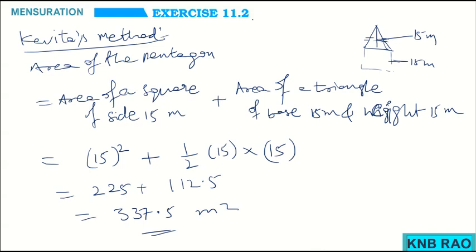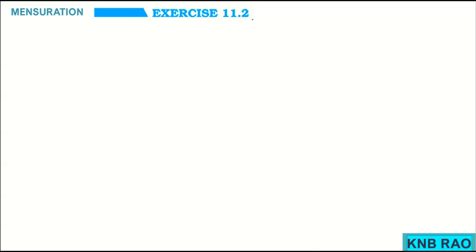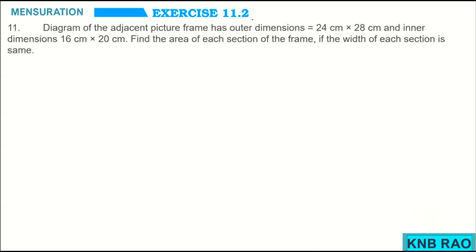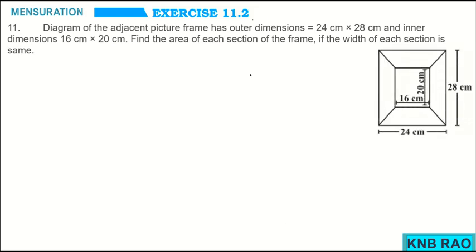Moving on to another question, the last question of this exercise 11.2, diagram of the adjacent picture. Here is the picture. Frame has outer dimensions 24 centimeter and 28 centimeter and inner dimensions 16 centimeter and 20 centimeter.